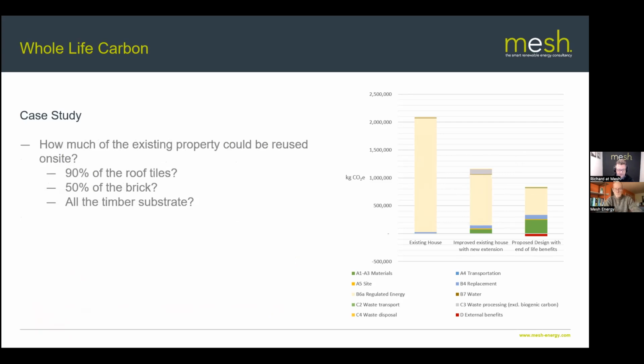So in terms of design, the question you have to ask yourself, and we're doing this at the moment, is really understanding, realistically, what percentage of material you think you can recover from an existing building and reuse in a new build. We've got a project on the go at the moment which has got a slate roof.